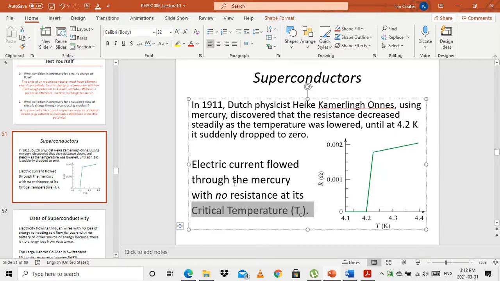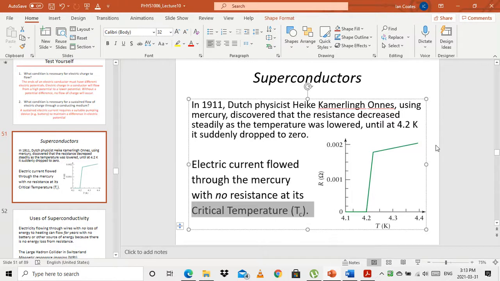So every element will have a critical temperature. It's like density, a property of an element. As you cool the element, the hotter something gets, the more resistance we get, right? The cooler something gets, the less the resistance gets.